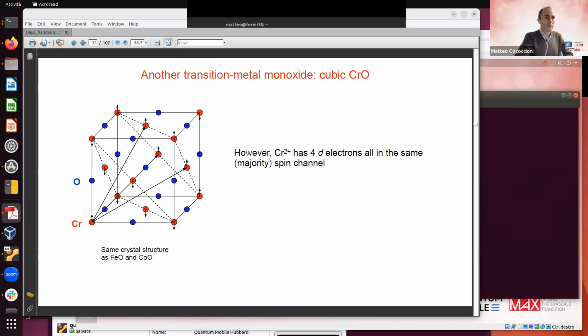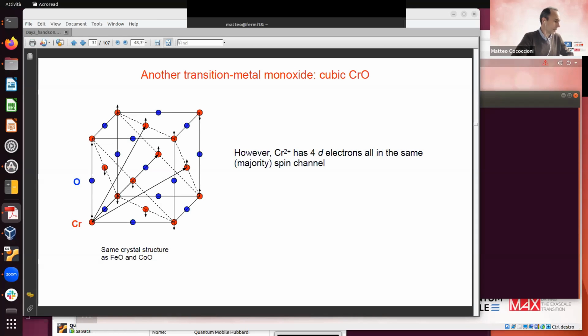So everything looks the same as for the other transition metal monoxides we have seen so far, but of course each of them is different. Chromium 2+ in particular has 4 d electrons. And because of Hund's first rule, all of them are in the same spin channel.